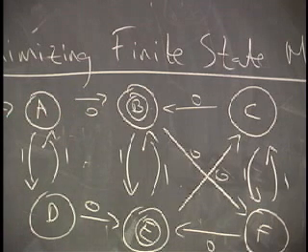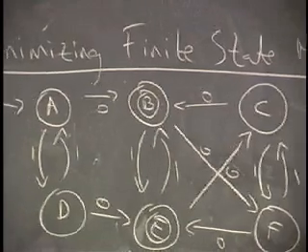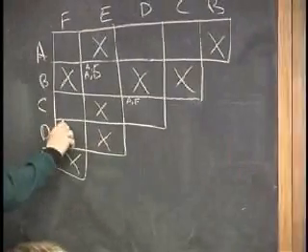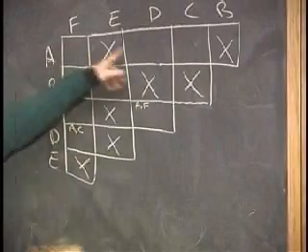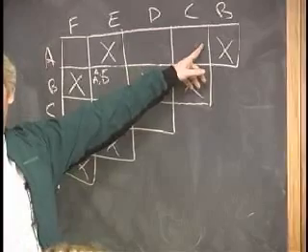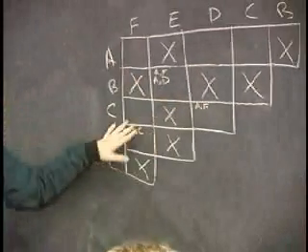Those are automatically indistinguishable. So it certainly does not distinguish AC. These pairs never get X's on them. They're automatically empty. What else does it depend on? And DF. Where's DF? Here. So what goes here? AC. So we don't know if any of these will end up being distinguished. Right now, where they're not distinguished, it depends if one of these get distinguished later.